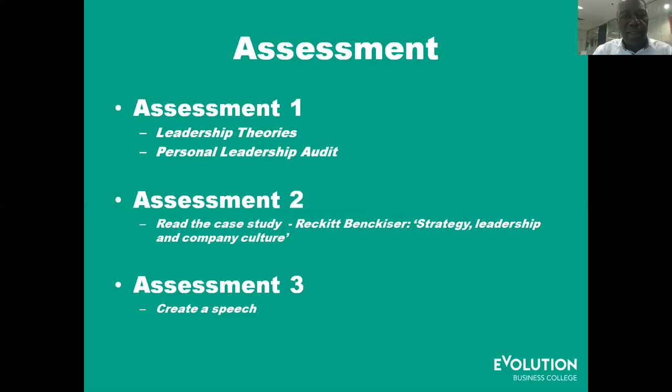Right now, let's go and see what assessment 1 is looking for. Let's open it now and see. Let's start on your new share, and go to assessment 1.